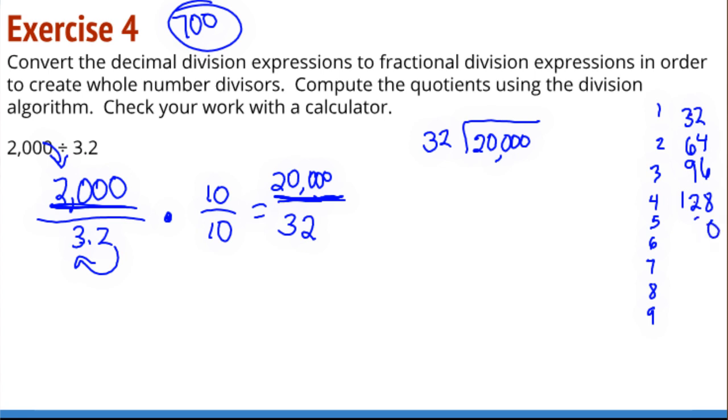Plus 3 is 6. And then for 6, I'll double the 96. 90 and 90 is 180. 6 plus 6 is 12. 192. And then I can add 32 more. 224. I could add 32 more. And I could add 32 more. All right, so now I am all set up for this.